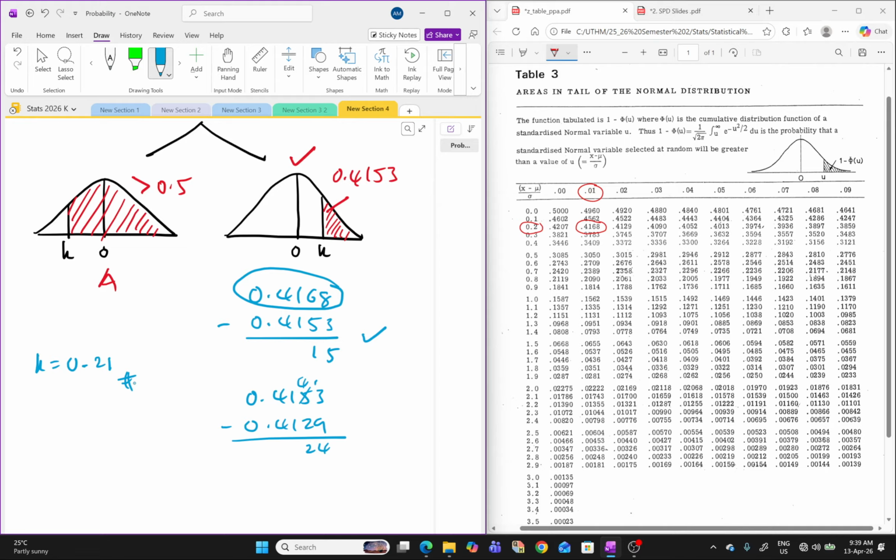0.9738. Two possibilities. K can be on the left hand side, K can be on the right hand side.